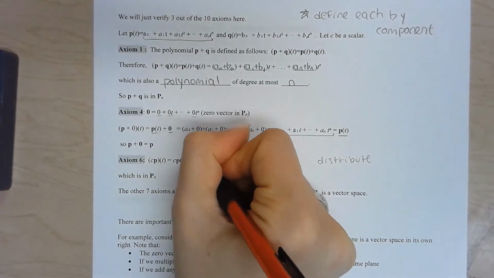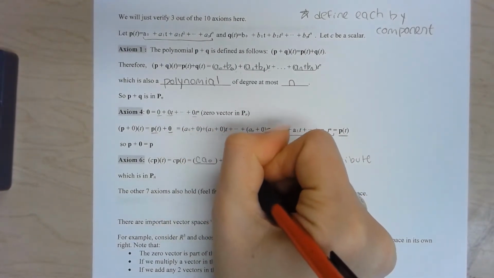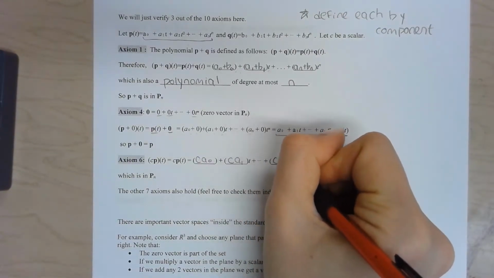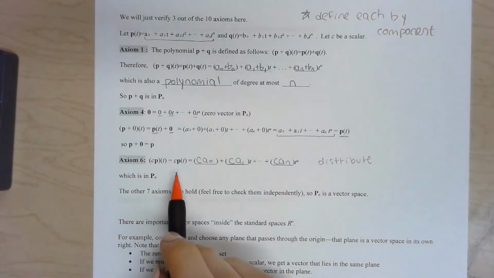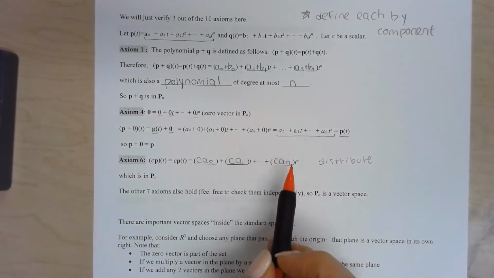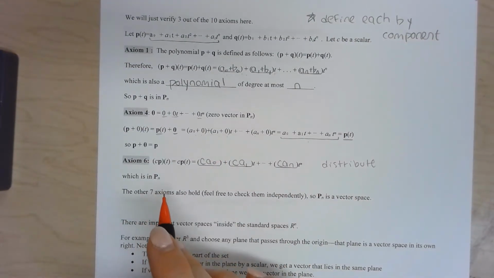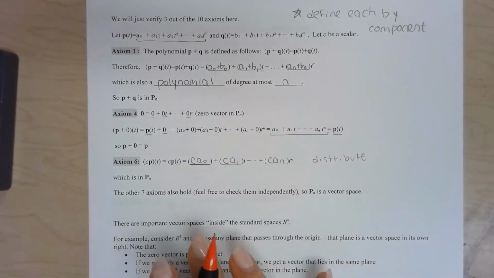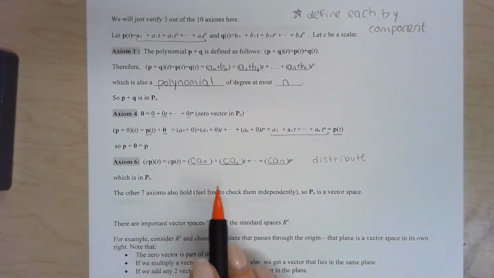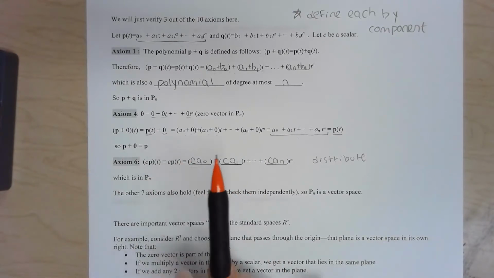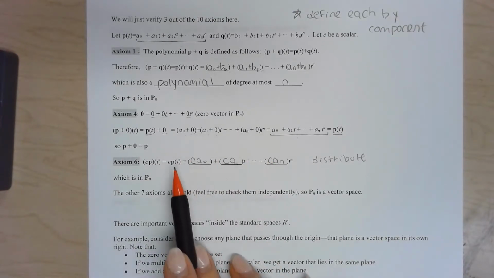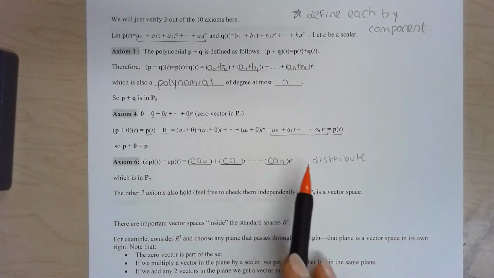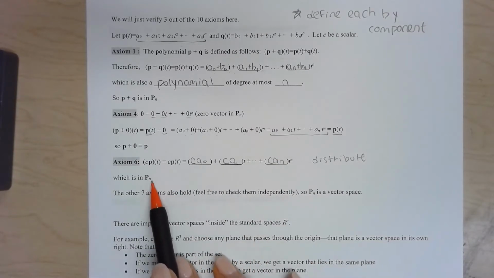So I'm getting c a naught plus c a1 times t, and so on, all the way down to c an t to the n, which again is another polynomial of at most degree n, still in this space. Okay, notice that this polynomial vector space would not be defined under polynomial or vector multiplication, because if I multiplied 2 polynomials together, the degree would increase and probably be over the degree of n.